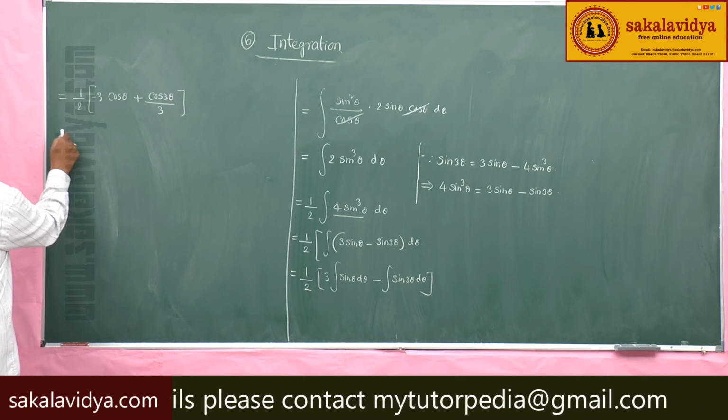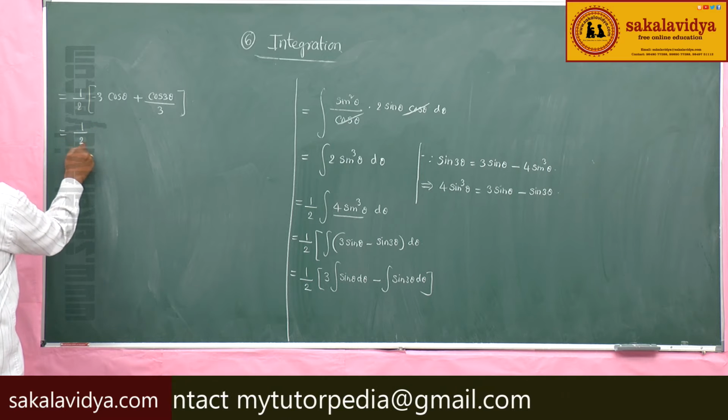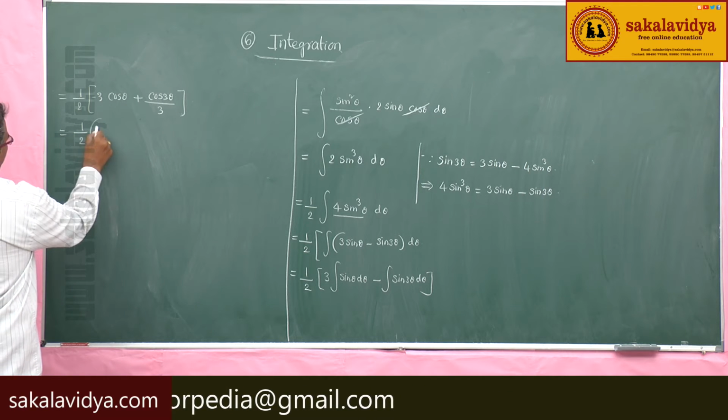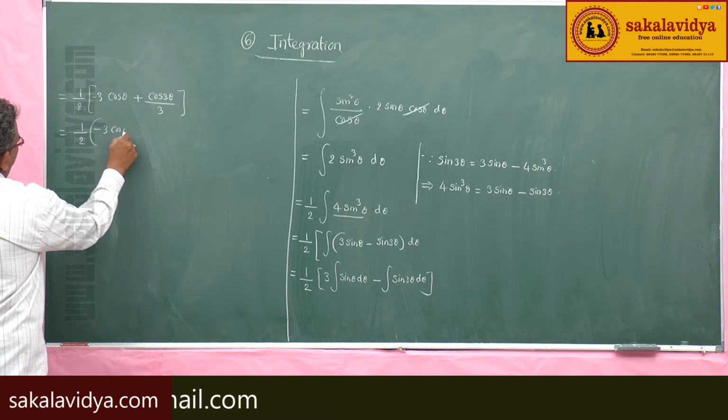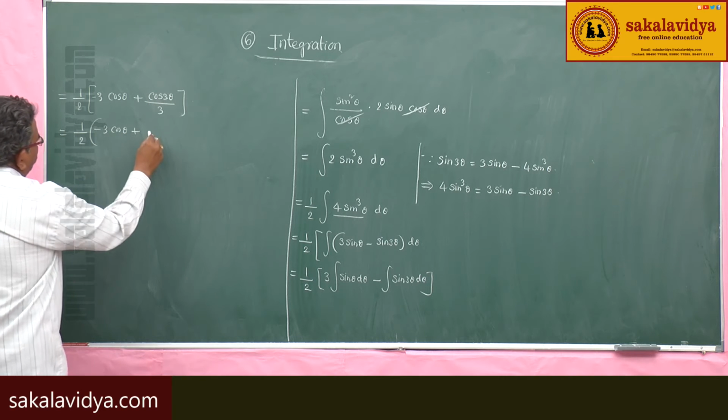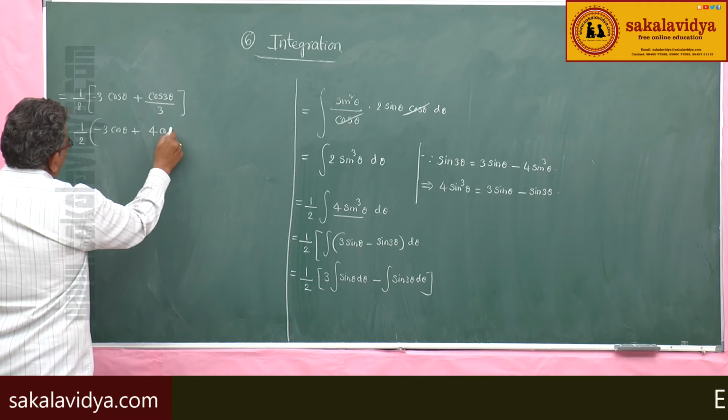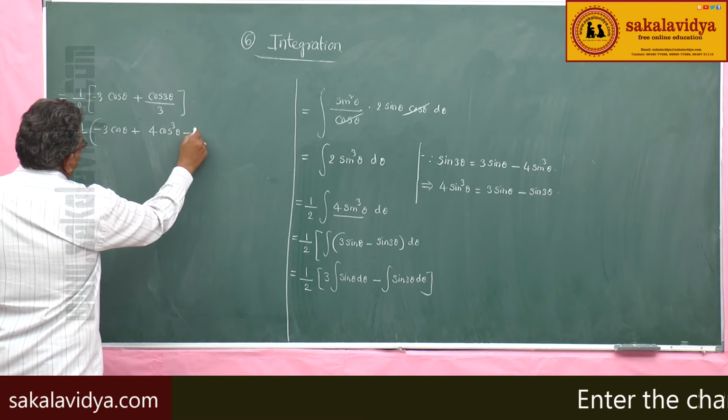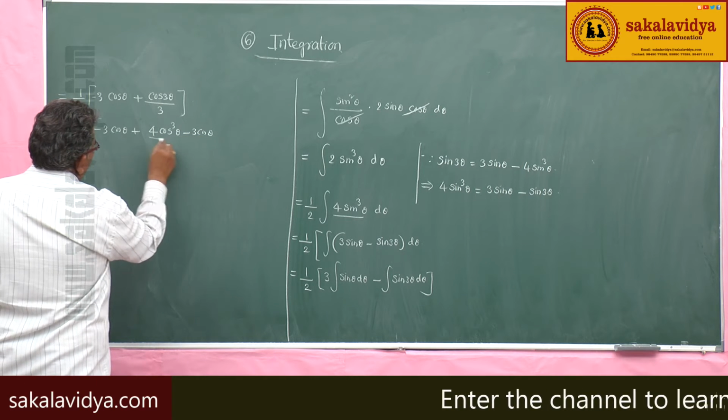So now half of minus 3 cos theta, cos 3 theta is 4 cos cube theta minus 3 cos theta, by 3.